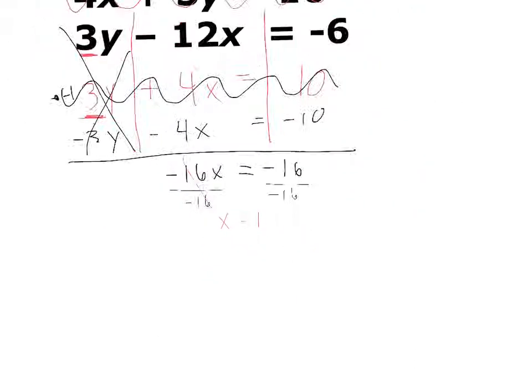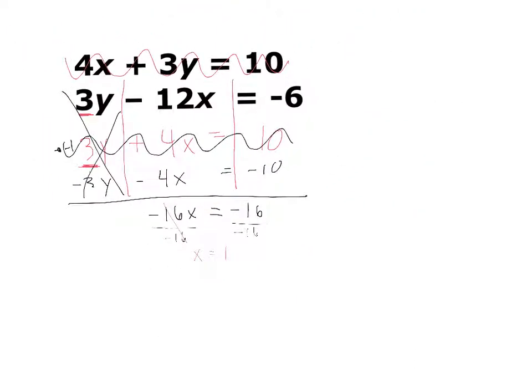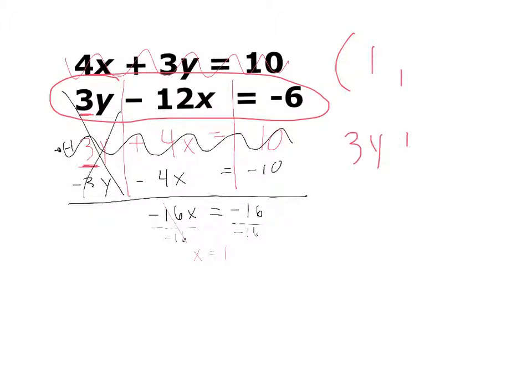Okay, so we found our x here. We know that it is 1. And we can go back and now plug in for our y. So let's use this equation right here. Okay, we have 3y minus 12x, and that all equals negative 6.